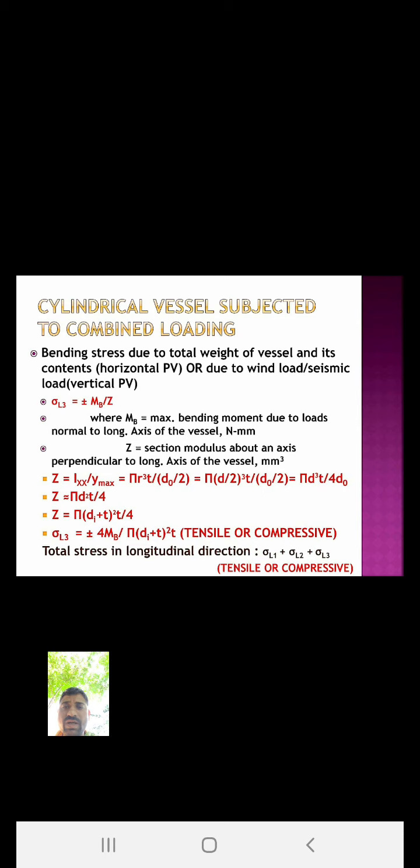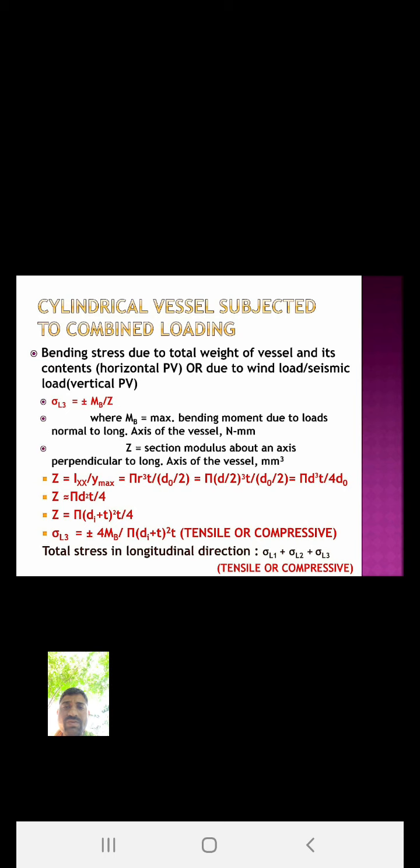Okay, how to calculate that bending stress? In the SOM subject we have also seen the relation: the maximum bending stress is denoted by sigma L3 equals MB divided by Z. MB is the maximum bending moment, and Z is the sectional modulus about the axis perpendicular to the longitudinal axis of the vessel.